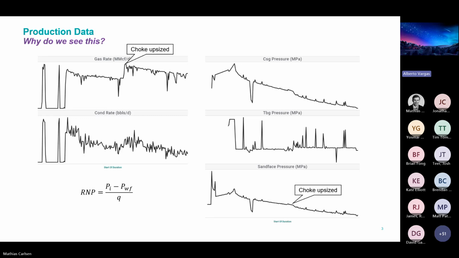And so when we're looking at why we see that discontinuity, we can come back to our rate normalized pressure equation, which is obviously a very simple equation. We've really just got the initial pressure, the flowing pressure, and the rate. Of these parameters, we're very confident about the rate here. There are some minor discrepancies due to allocation, but we're pretty confident on that.